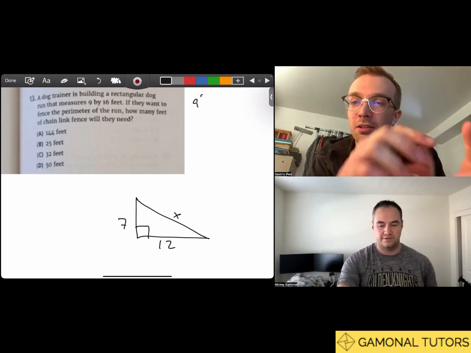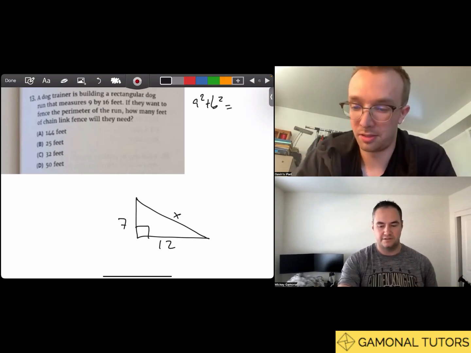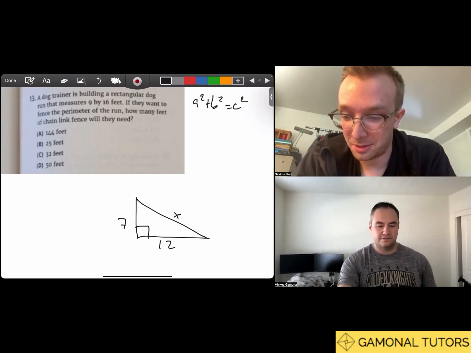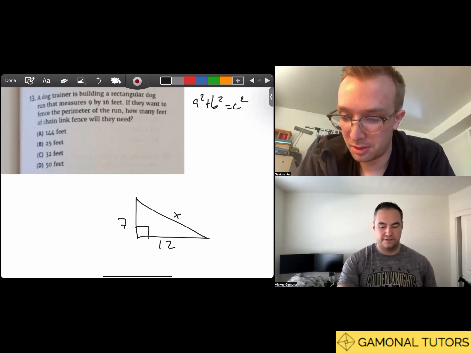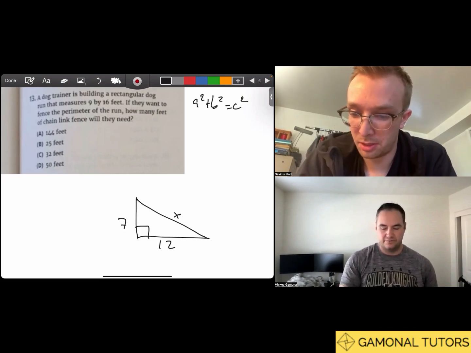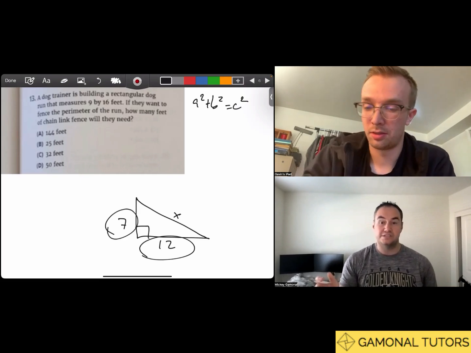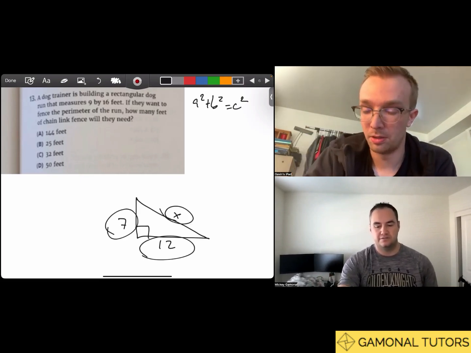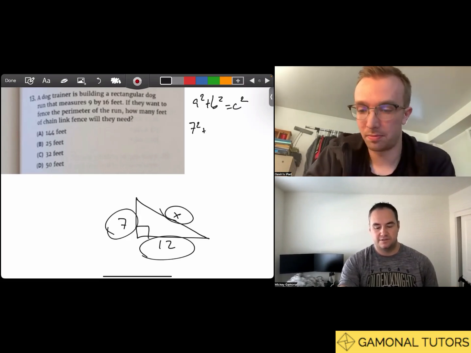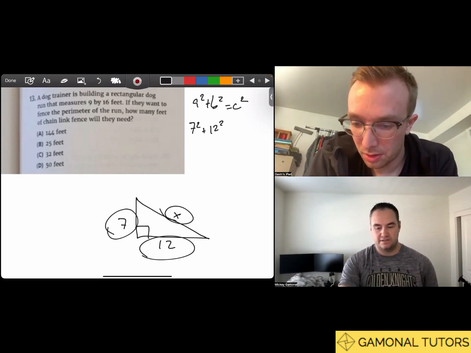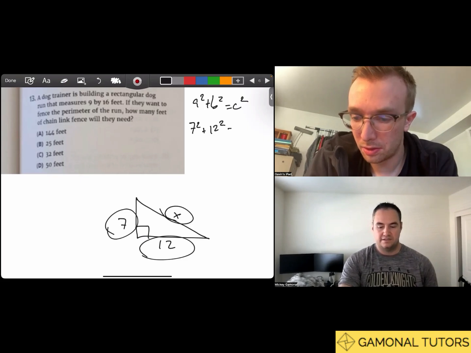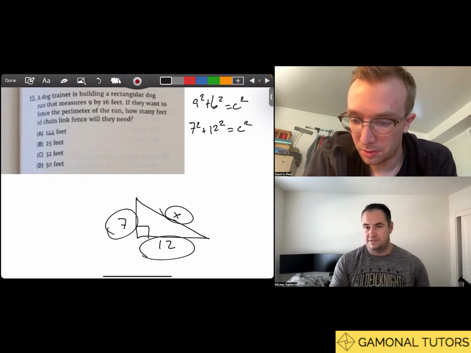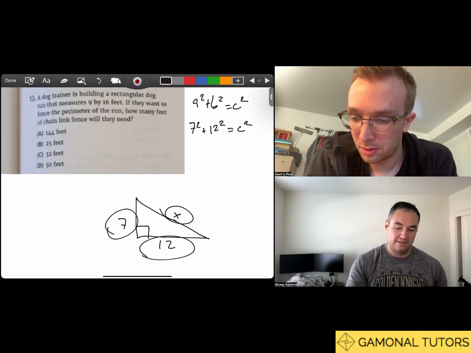That's going to be a squared plus b squared equals c squared. You could figure out 12 and 7, that's the easy chain link part. What you don't know is this x. And so what you do is 7 squared plus 12 squared equals c squared. And so we don't know what c squared is yet, but we can get there.